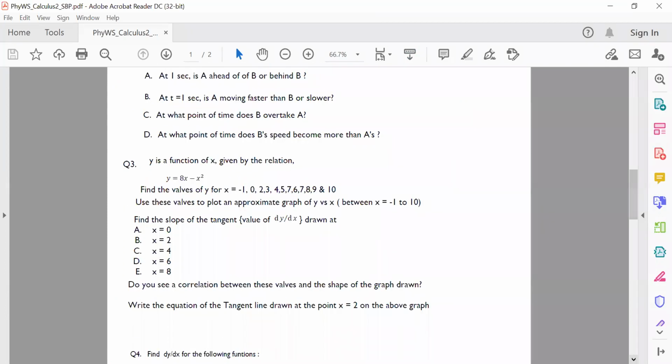Question 3, I think we discussed in a bit of detail anyway, but just let me know in case there's a doubt, particularly this third part, the equation of tangent drawn at the point x equal to 2. Okay.